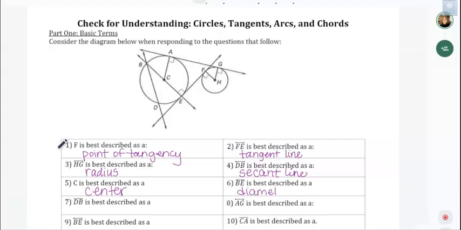Now, if it's line BE on number 9, line BE is a secant line. So we're just looking at the line segment. The best description for it is a diameter. If we're looking at the whole line, the best description is a secant.